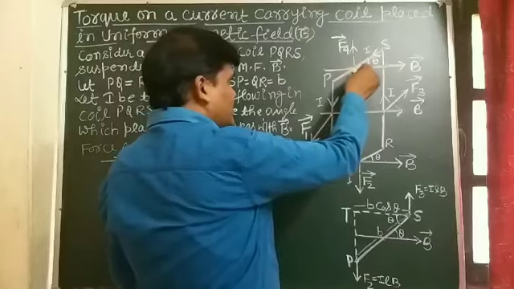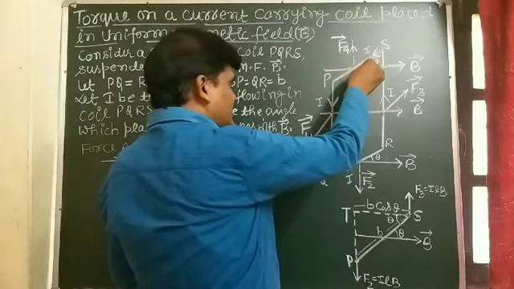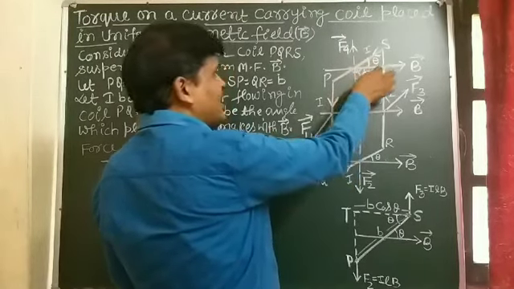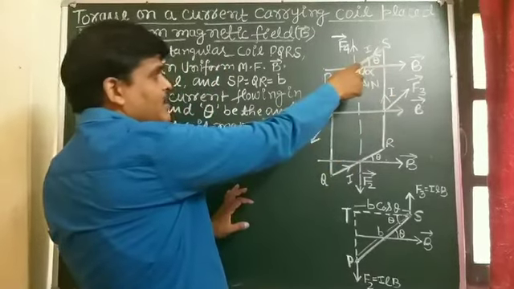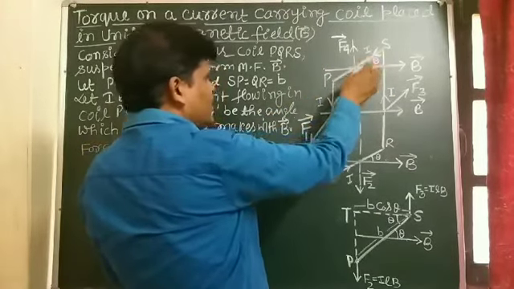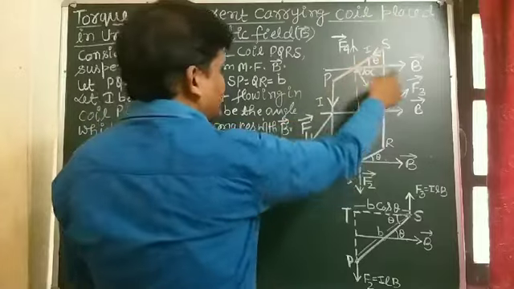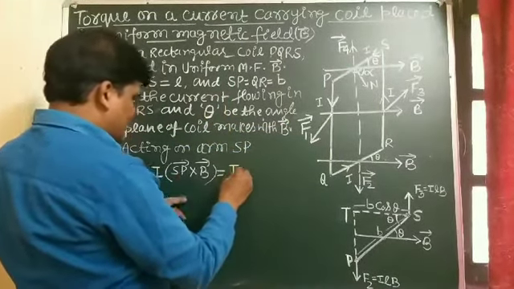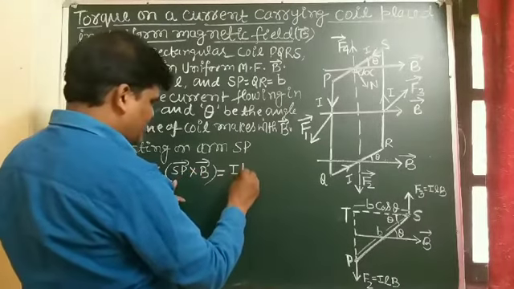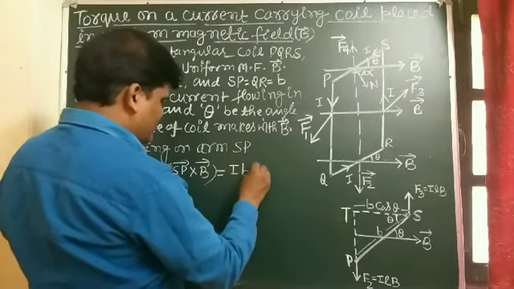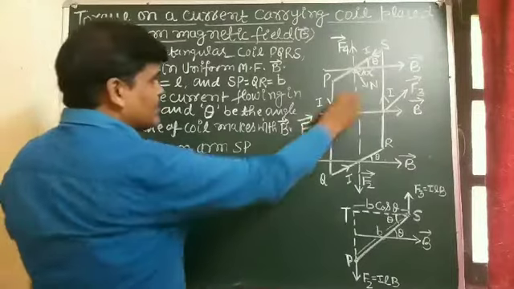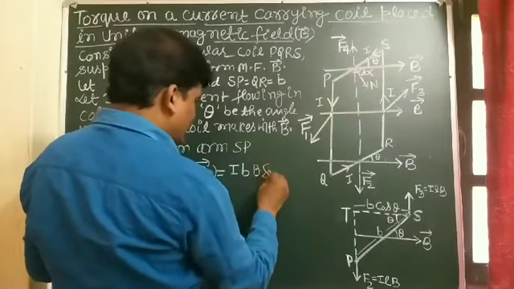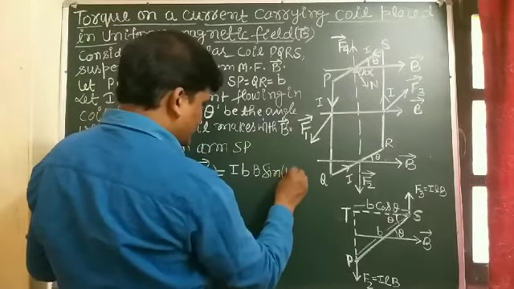So the angle between the magnetic field and the current element vector is 180 minus theta. See clearly here. So the angle between SP and the magnetic field in this case is 180 minus theta.